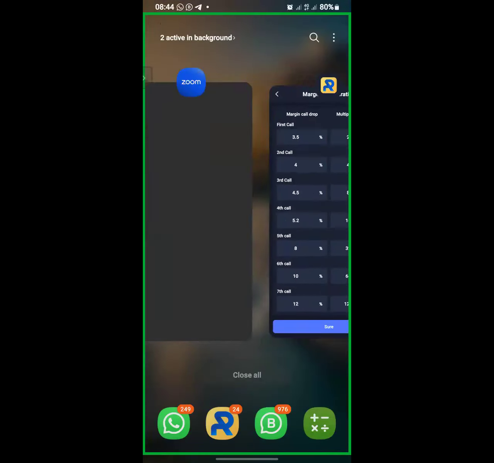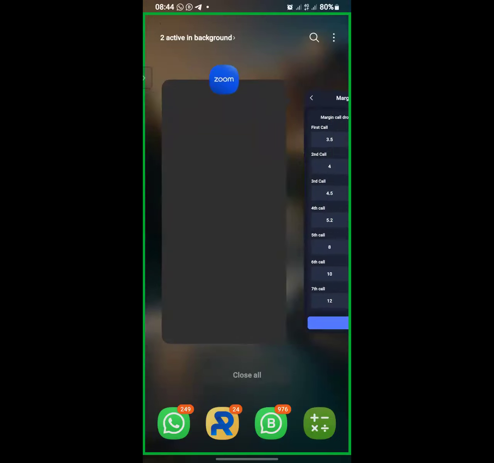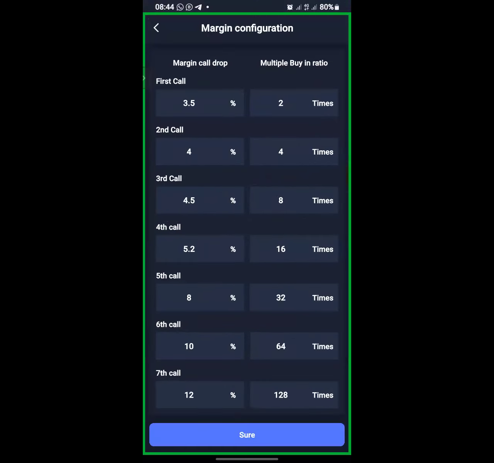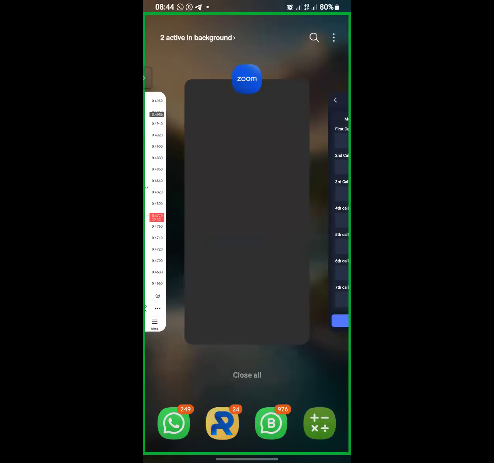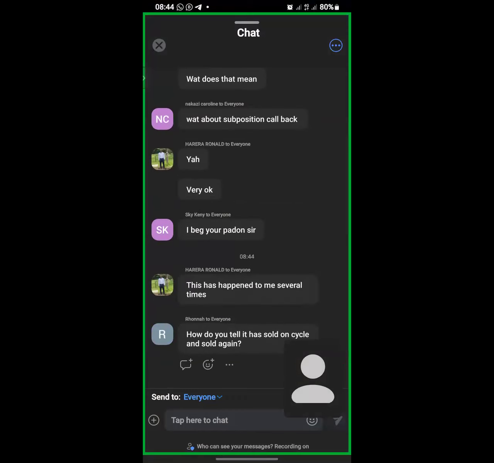Guys, for those who have been attending my sessions, leader, Lawrence, and some other YouTube viewers, I want you to tell me what margin call drop and multiple buying ratio is. I want to see whether we are learning. I'm tired of being on Zoom. I teach something over and over again, like 10 times, and someone new comes in.